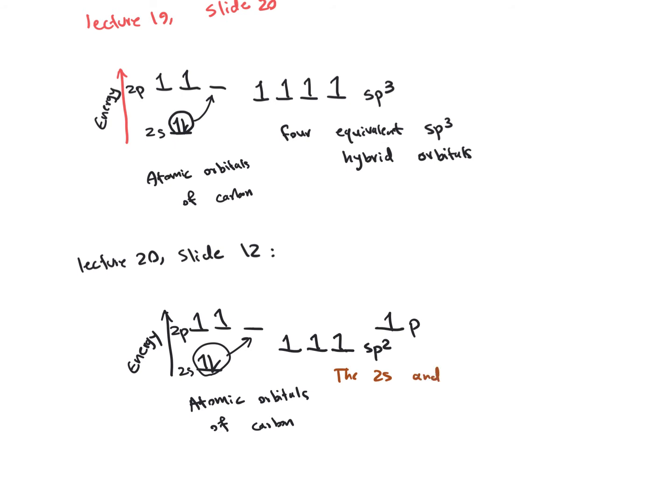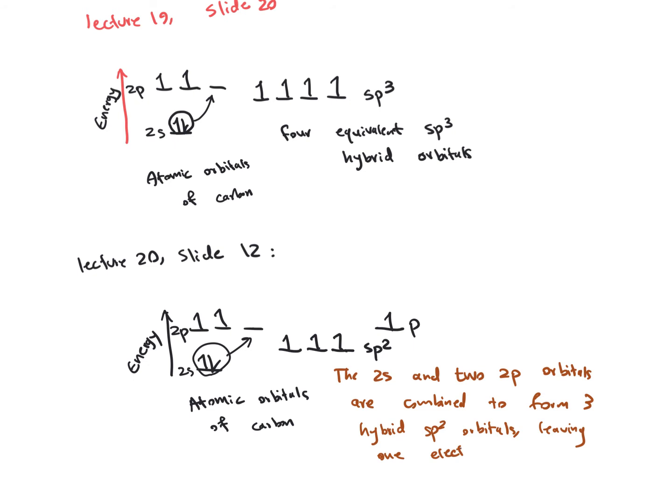and then we have 2s and 2p orbitals combined to form 3 hybrid sp2 orbitals, leaving 1 electron still in a p orbital.